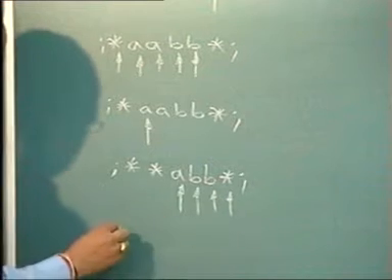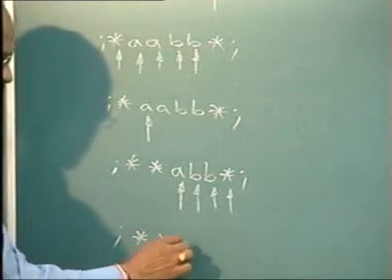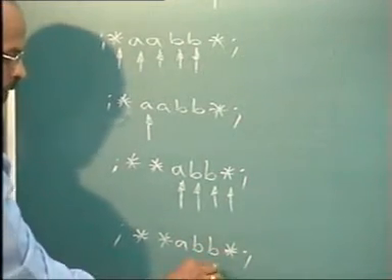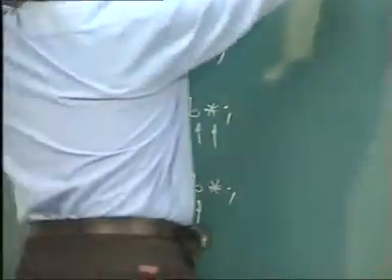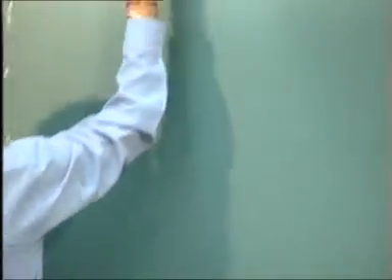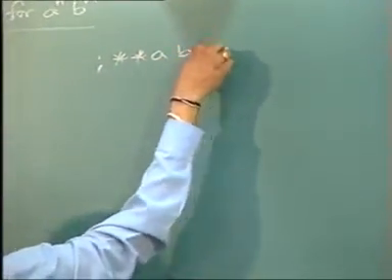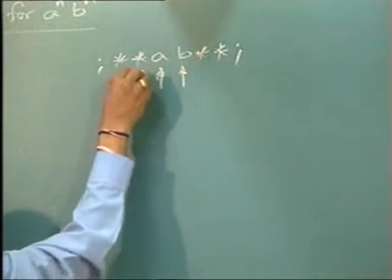Now it is up to the star, and then move the head to the left by one position. We know that we are at the last symbol. That must be B. And then we mark it by star and keep on moving to the left till we reach star.